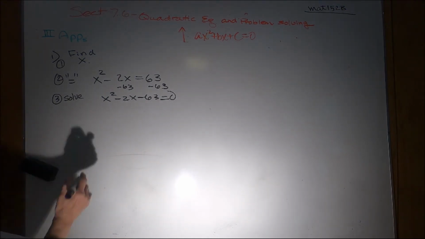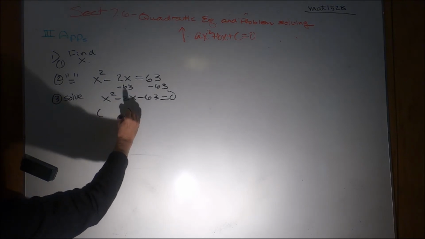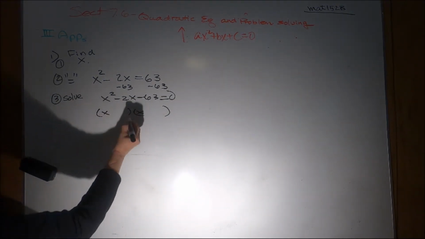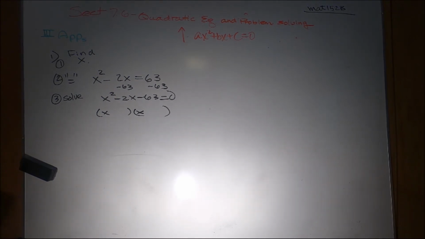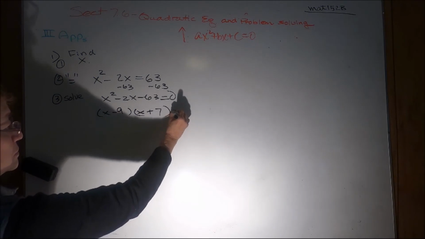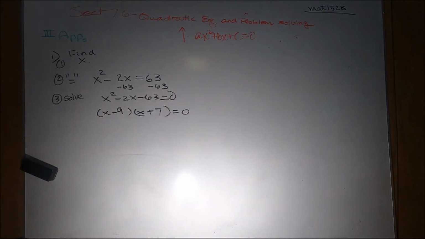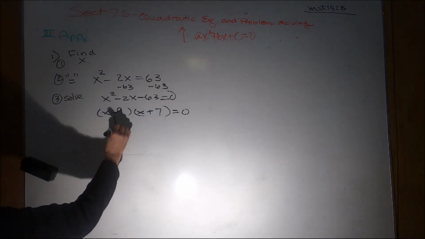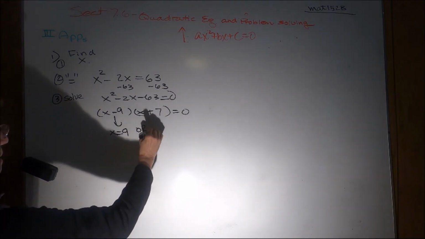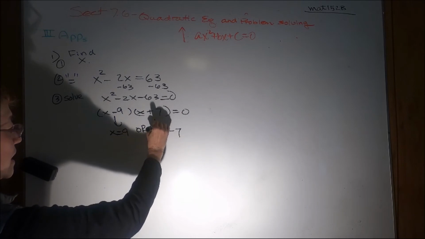Then trinomial. Leading coefficient is 1. You can just do that. Then which two numbers will work, right? Negative 9 and 7. Then you solve it. So x is 9 or x is negative 7.